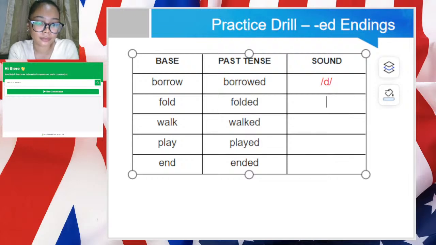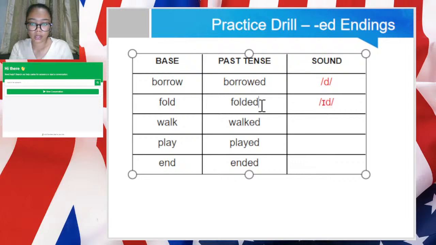All right. This is the sound of rule number three, id. Again, id. Folded. So this is the sound of it. All right, that's the sound of this past tense. Folded, id, id.